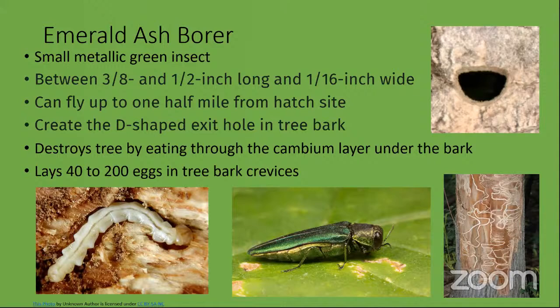On the lower right-hand side, you can see when the tree dies and you peel back the bark, you can see all these channels where those larvae have gone back and forth and eaten their way into that cambium layer. The adult can lay 40 to 200 eggs in bark crevices on the tree.